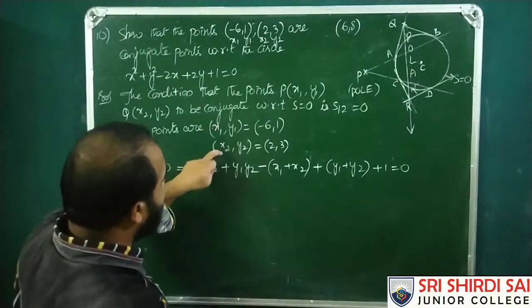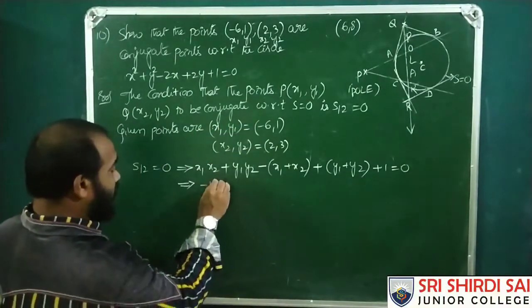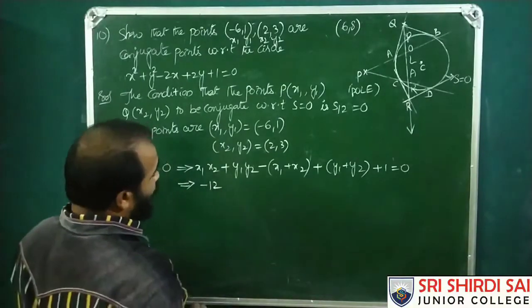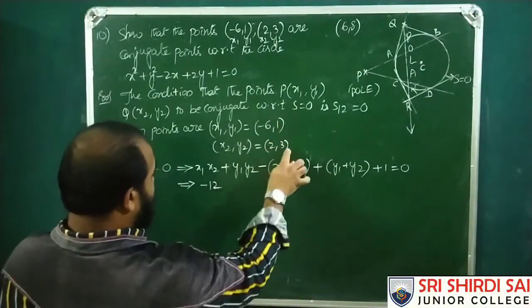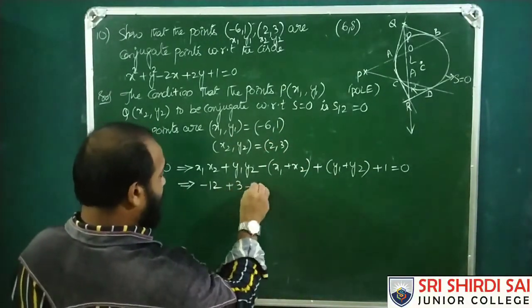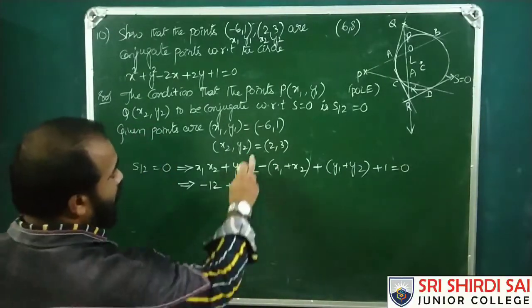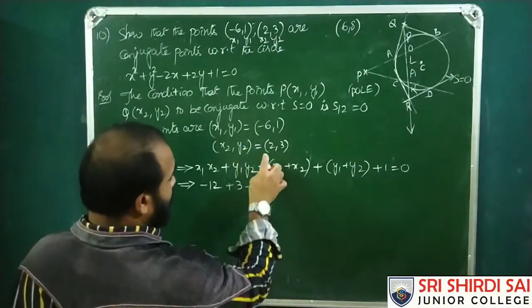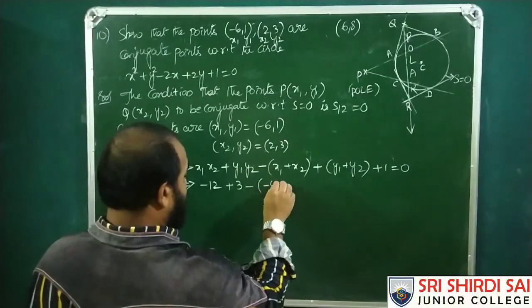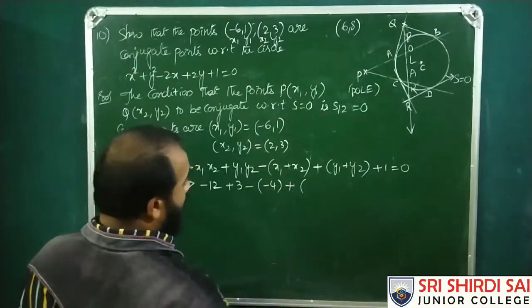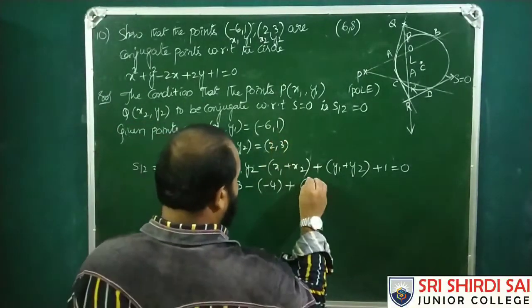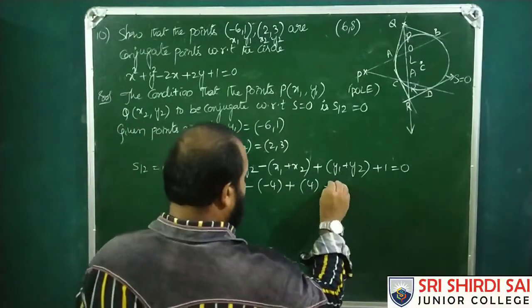Substitute x1, x2: minus 6, 2s are minus 12, y1, y2. 1 into 3, 3, minus x1 plus x2 minus 6 plus 2, minus 6 plus 2, minus 4, plus y1 plus y2, 1 plus 3, 4, plus 1.